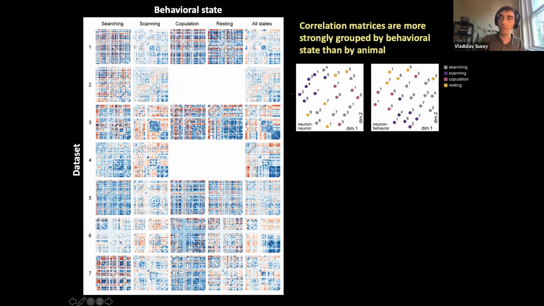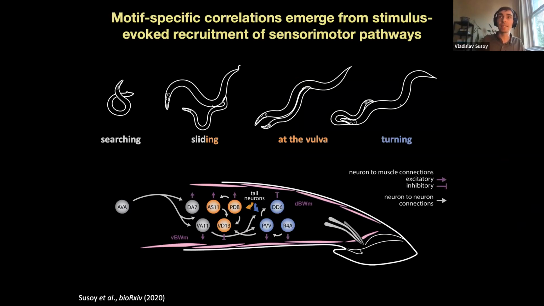And another way of showing this is we can arrange these correlation matrices using multidimensional scaling. And we can see that matrices from the same motifs tend to be grouped together. And this applies to neuron correlations, but also neuron to behavior correlations here. And we can track these motif-specific correlations to specific stimulus evoked sensorimotor processes that happen in the brain.